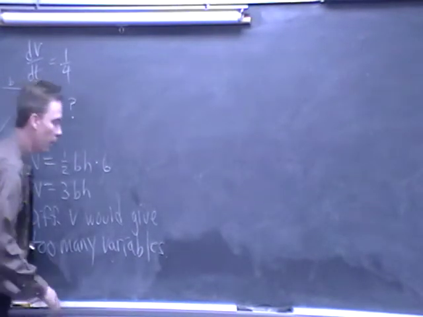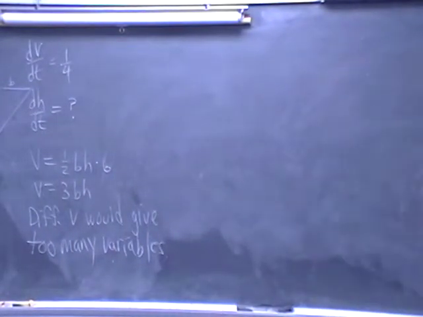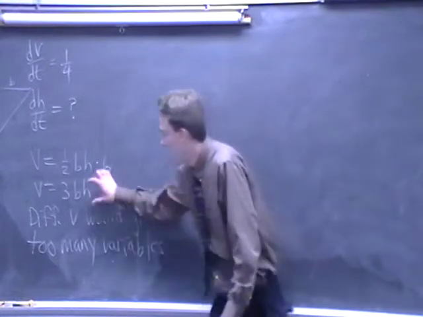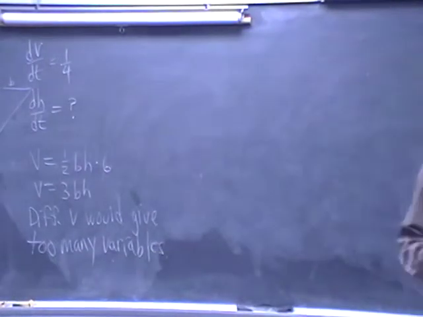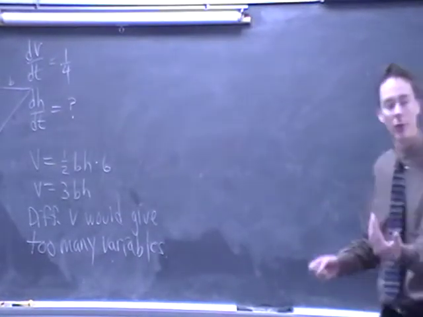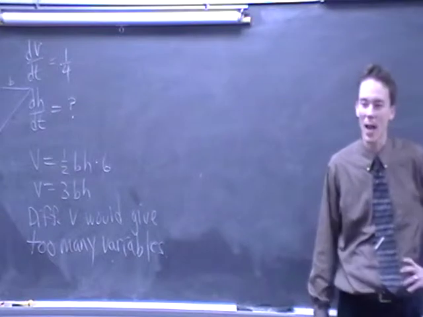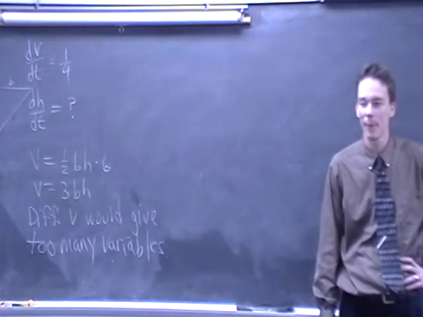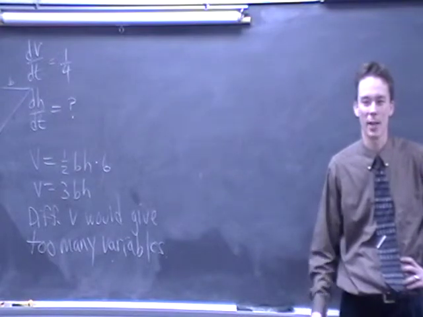If only there were some mathematical technique that would allow you to take out one variable and put in an equivalent expression. If you could somehow substitute one thing for another that meant the same thing. Wouldn't that be nice if there was such an algebraic technique?